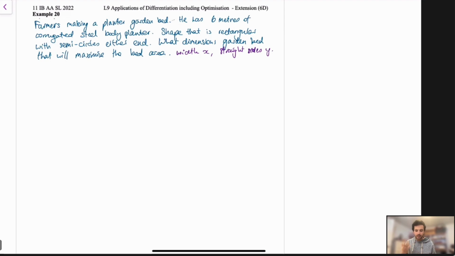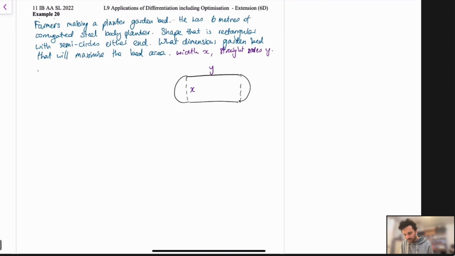So first thing, let's represent this using a diagram. These are the straight bits, and this is the circular bits there. They want the width of this to be x and the straight edges, the sides, to be y. So let's generate some equations.